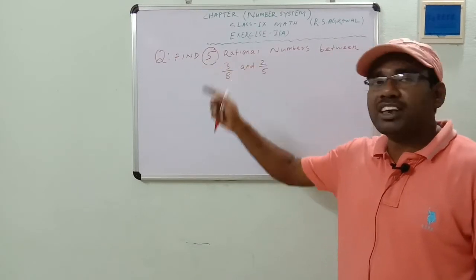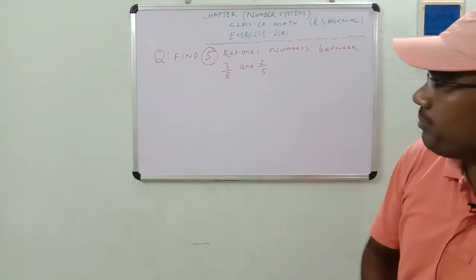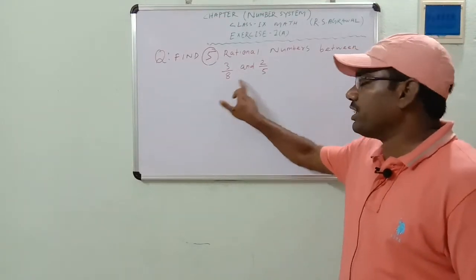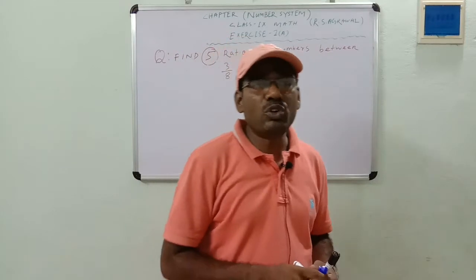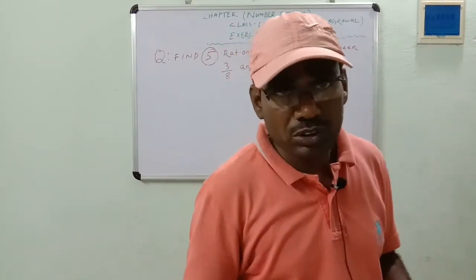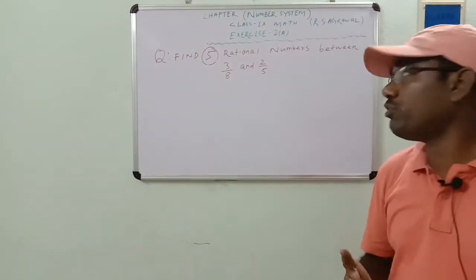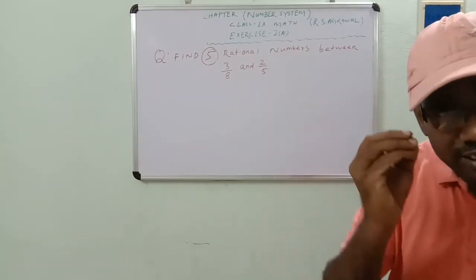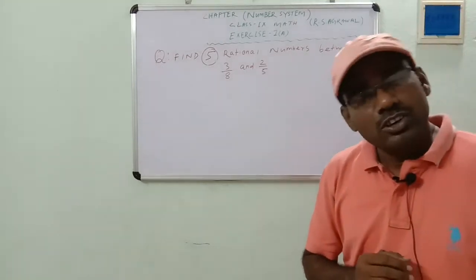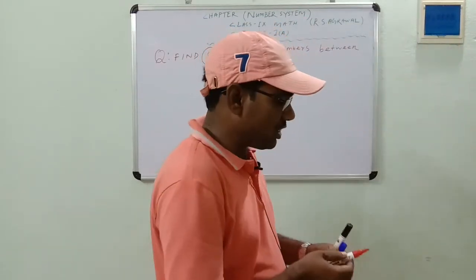It means we have to find 5 rational numbers between these 2 given rational numbers. Therefore, you have to follow the same procedure. First you have to find out the middlemost of these 2. Suppose that is x1.